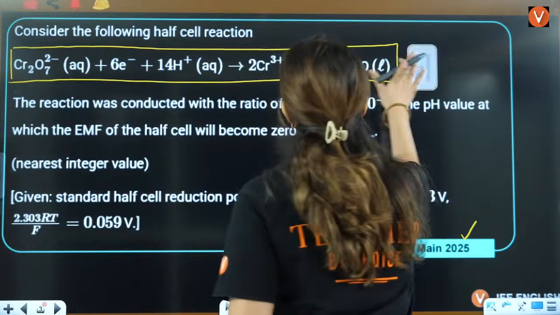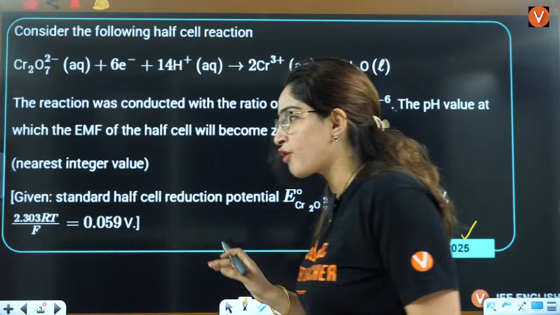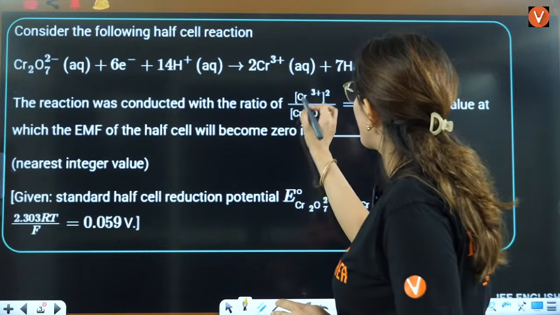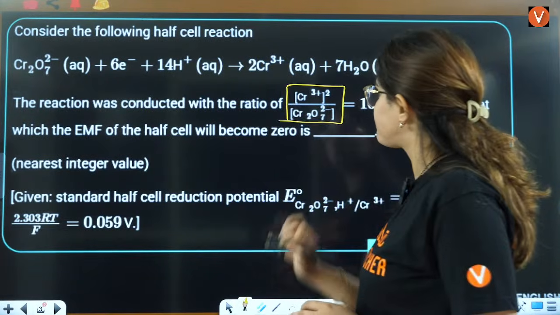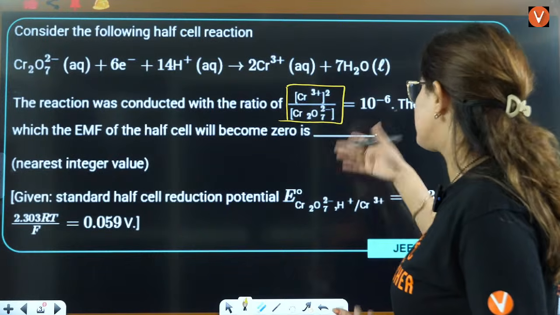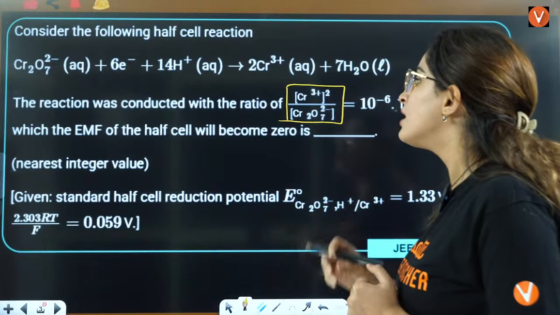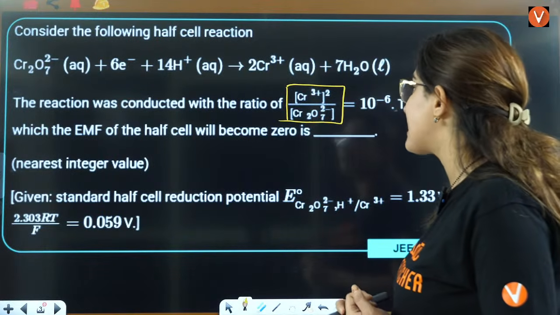So this reaction that we have from the d and f block was conducted with a given concentration ratio. The pH value at which the EMF of the cell will become 0.